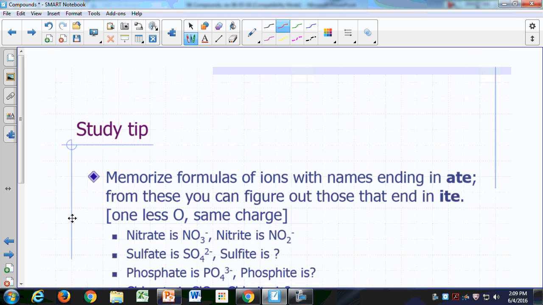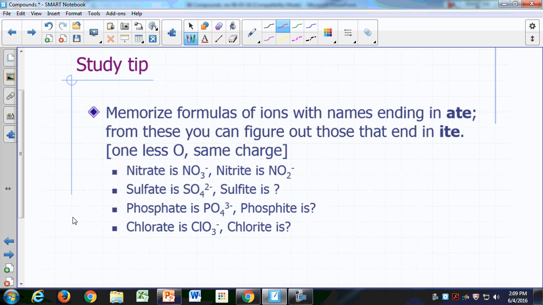Here's another tip. If you memorize the names of ions whose names end in ate, then you can easily figure out the names of those that end in ite. For example, nitrate is NO3 with a -1. Change the ending to ite, you just have one less oxygen, same charge.